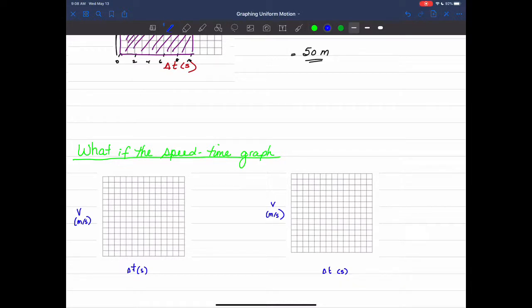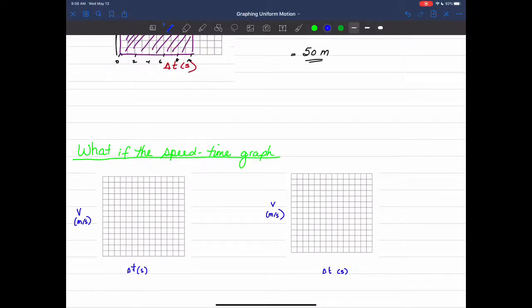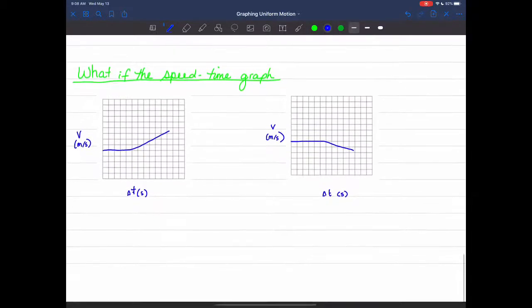So I might have something that looks like that, or something that looks like that. So again, A and B scenarios. What's happening at A? What is happening at B?